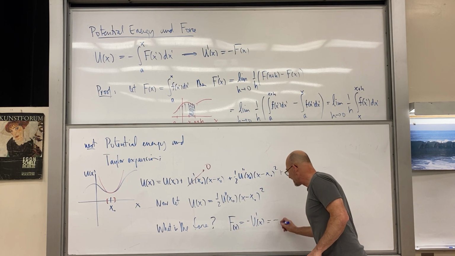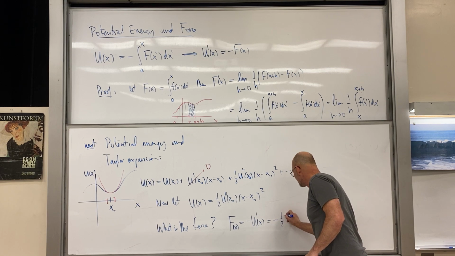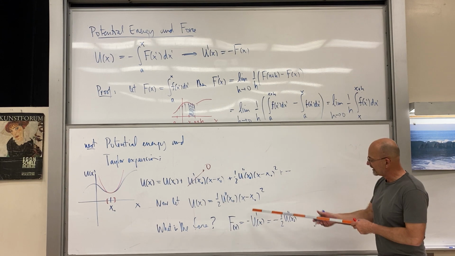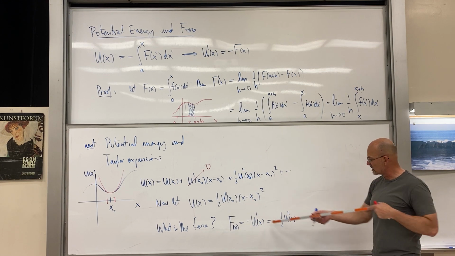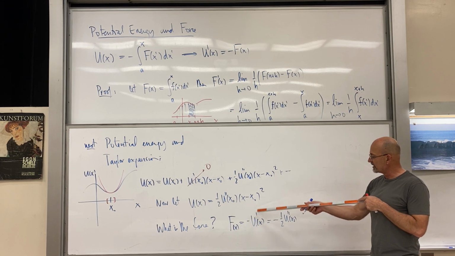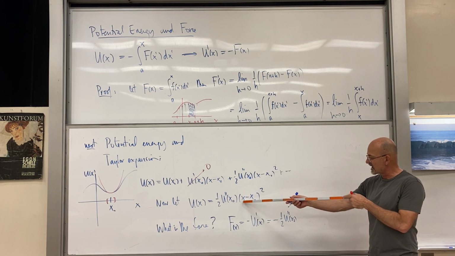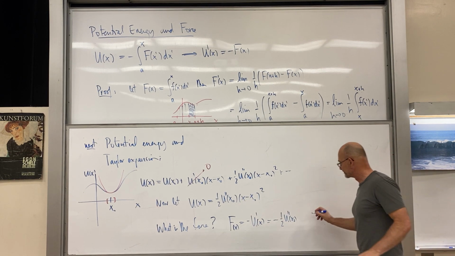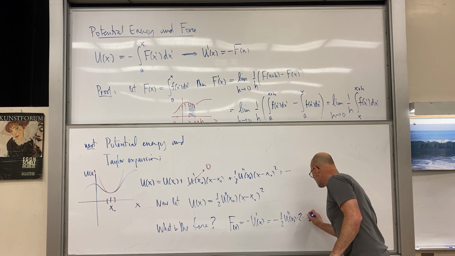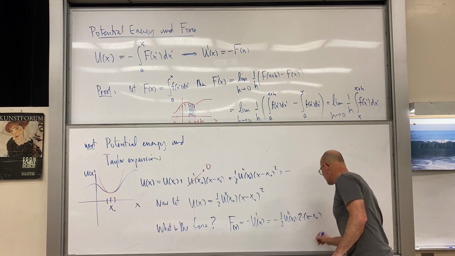So we have minus 1/2 u double prime of x0, and there's our x. Okay, this was all constants, and the derivative of that, of course, is 2 times x minus x0.